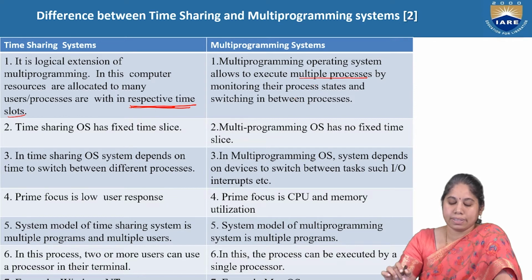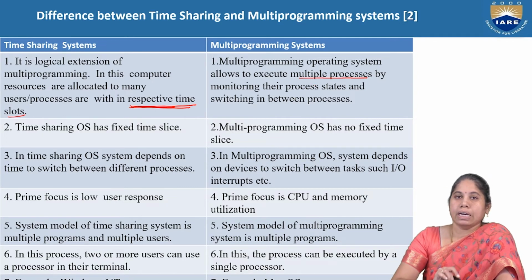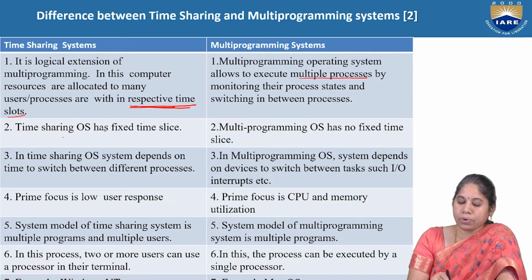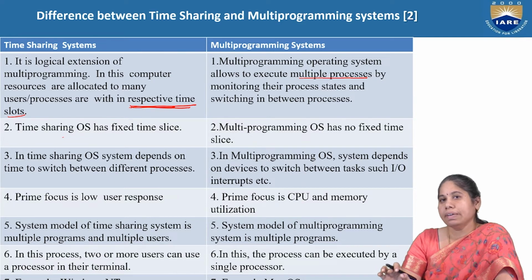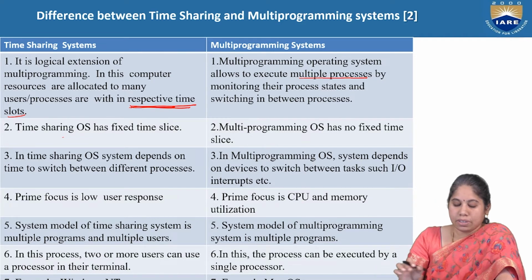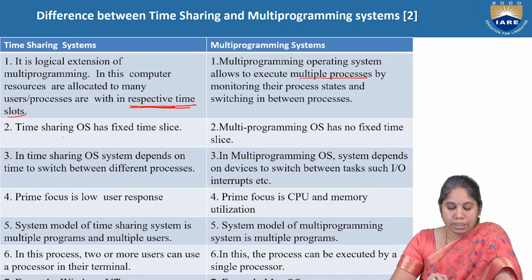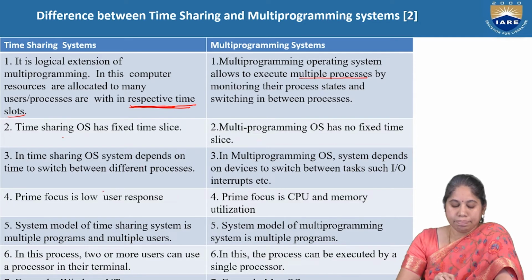Another difference is that a time sharing OS has a fixed time slice, but a multiprogramming operating system doesn't have any fixed time slice. In this operating system, it depends on time to switch between different processes.